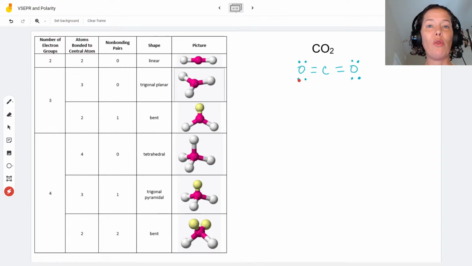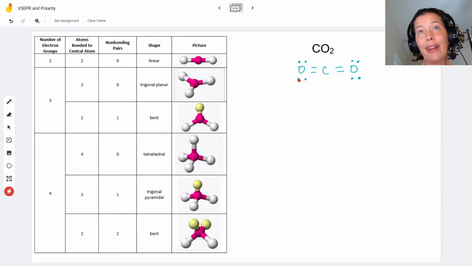You can just ignore them. If they're not on the central atom, then we will not take them into account when we are searching for the correct molecular geometry on the table. So even though we draw them or write them in the Lewis structure, they are not really a part of predicting the molecular geometry.